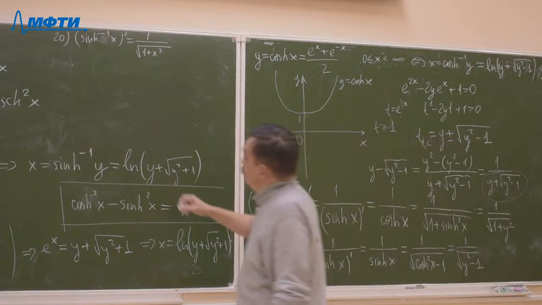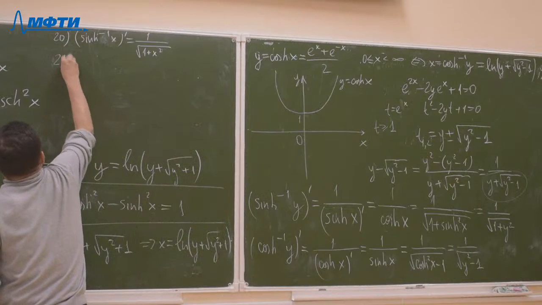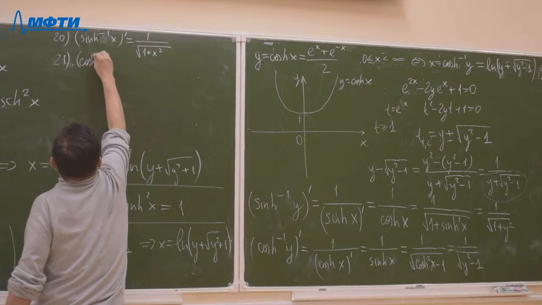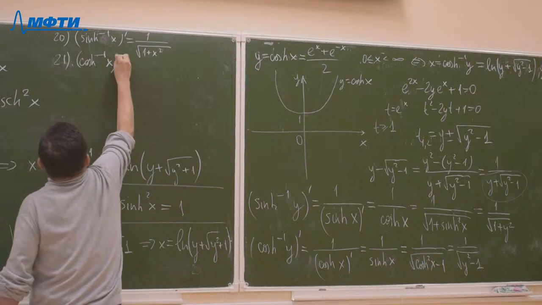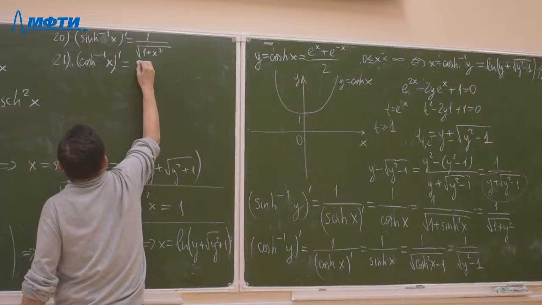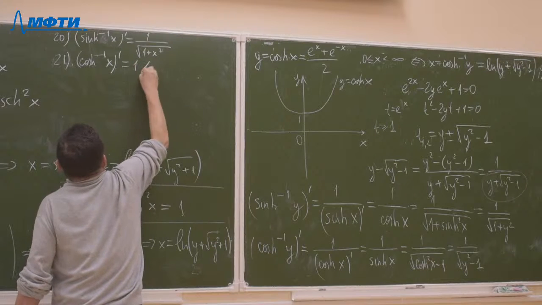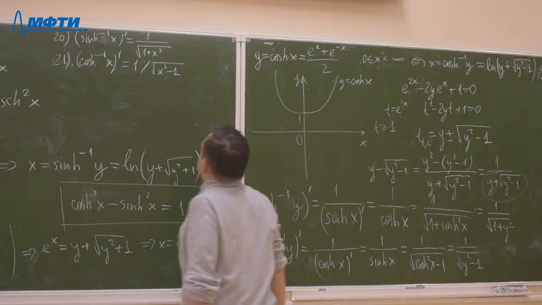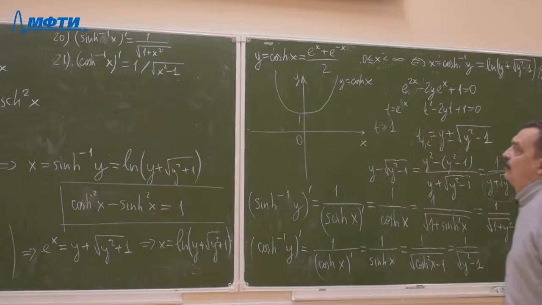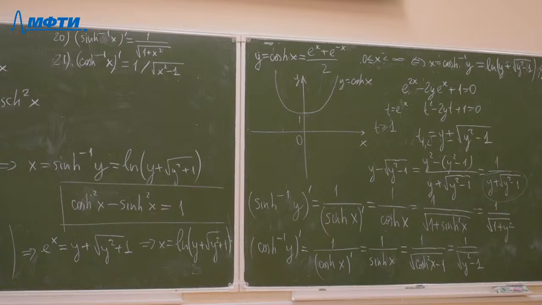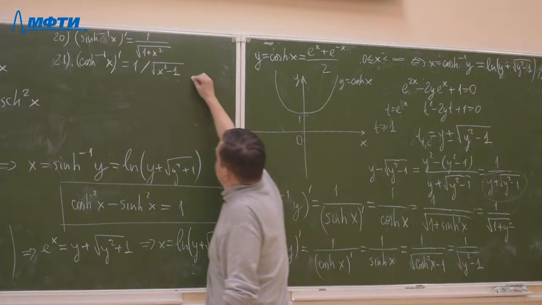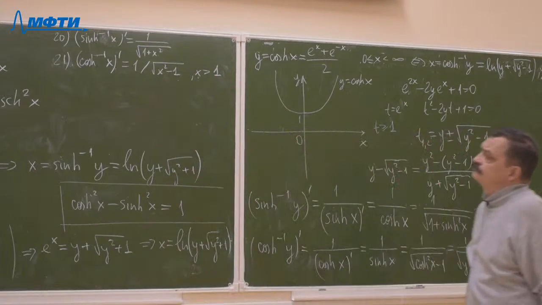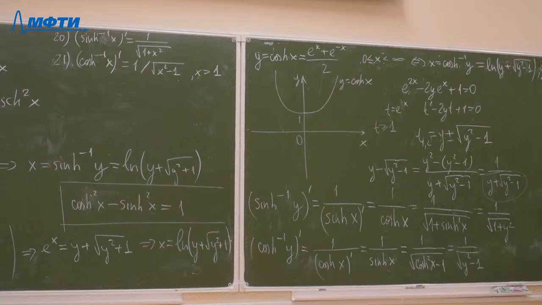So we obtain that the derivative of cosine hyperbolic inverse is 1 over square root of x squared minus 1. Here the restriction is x greater than 1.